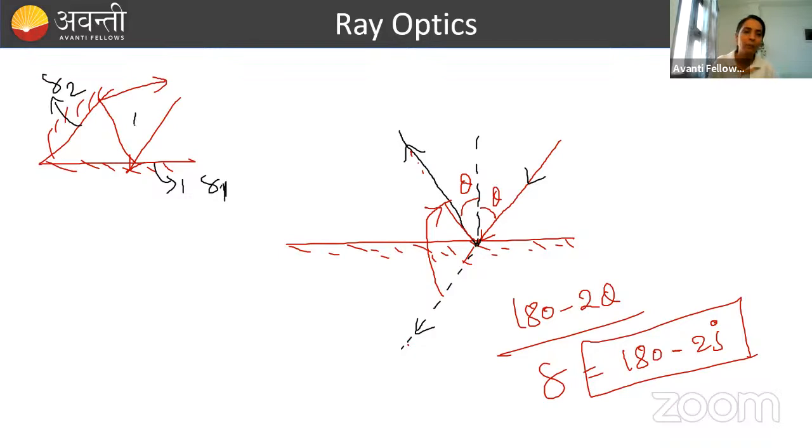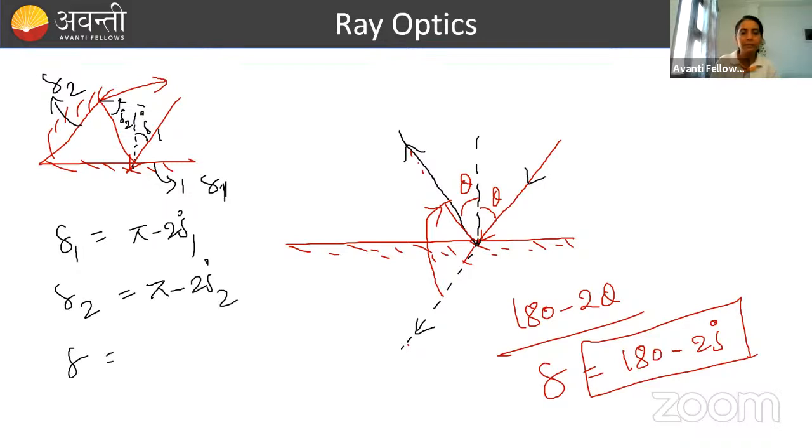Delta 1 कैसे निकालोगे? For delta 1, you will see what is the angle of incidence for the first mirror. And for delta 2, you will see what is the angle of incidence for the second mirror. So delta 1 will become pi minus 2i1 and delta 2 will become equal to pi minus 2i2, and total deviation will become equal to delta 1 plus delta 2. So this will be 2 pi minus 2(i1 plus i2).